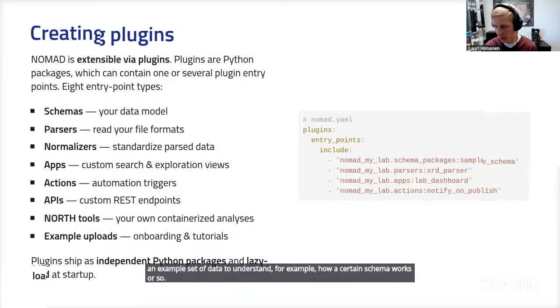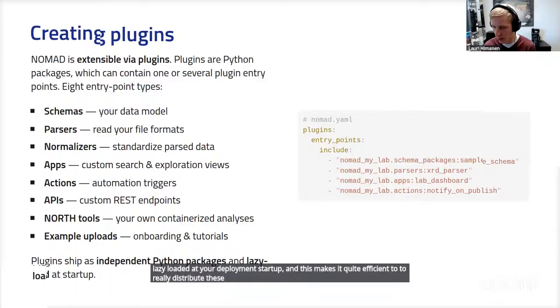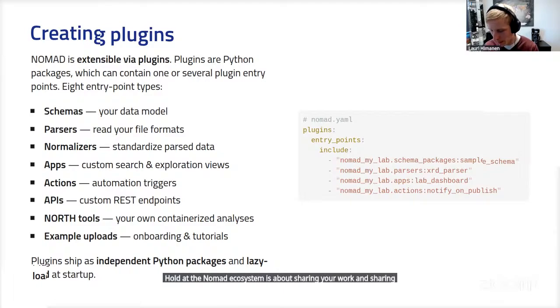And these plugins are shipped as Python packages and lazy loaded at your deployment startup. This makes it quite efficient to distribute them to other people and share all the hard work that you may have done, for example, on a schema or on a parser. And I think this is all that the Nomad ecosystem is about, sharing your work and sharing your ideas with the community.